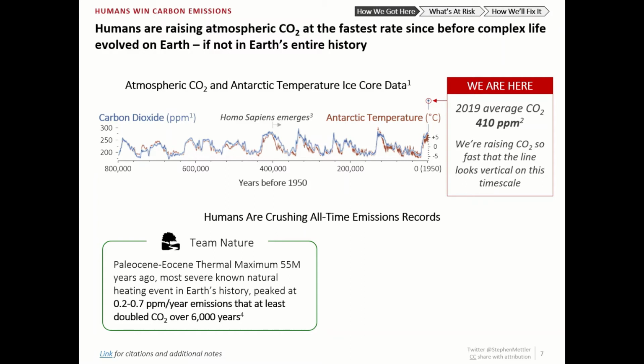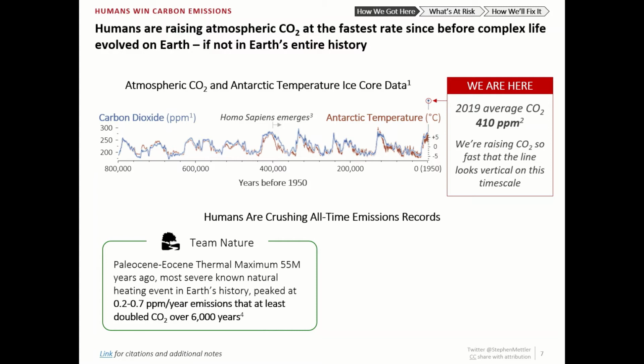Some of them believe that methane played a major role. But if carbon dioxide was the main driver for this event, then even with that assumption, the highest that carbon dioxide emissions could have been was about 0.2 to 0.7 ppm per year, at least doubling carbon dioxide over 6,000 years, which on a natural time scale is an extremely fast period of time.